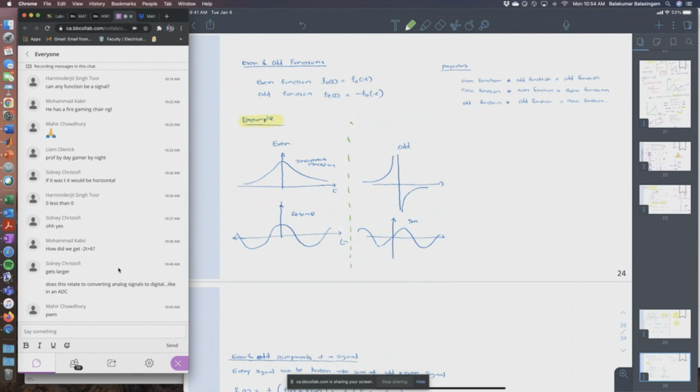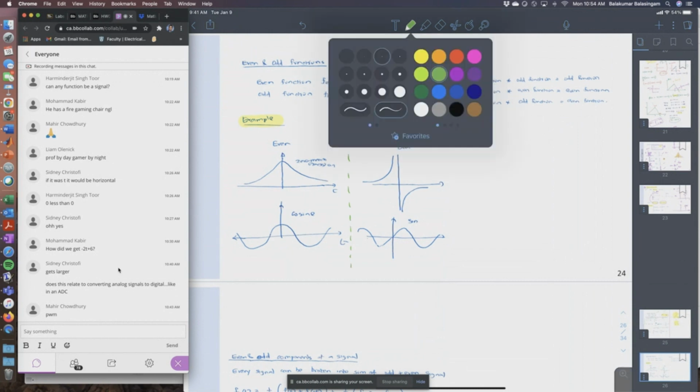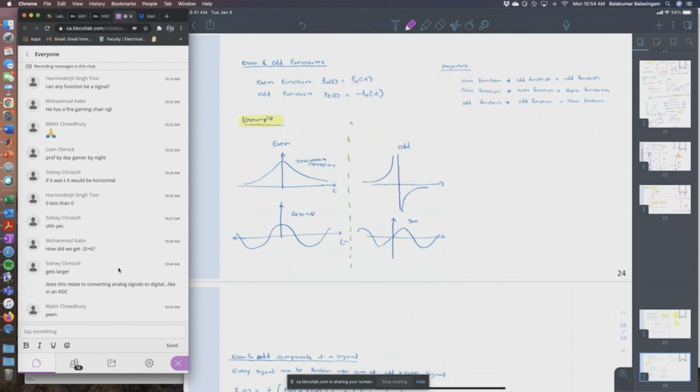On the left side we have the even function. An even function is like a mirror. If you consider this a mirror, the even function is exactly the same on both sides. So if you had something for t equal to 10, you will have the same for t equal to negative 10.